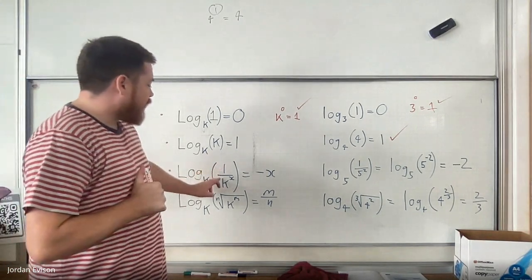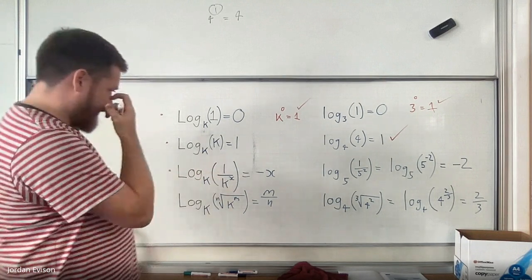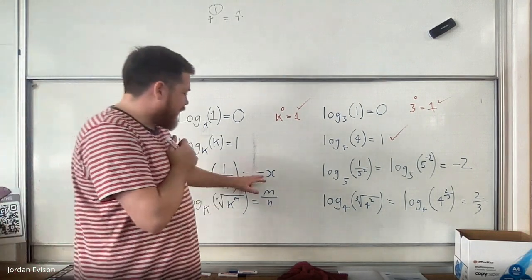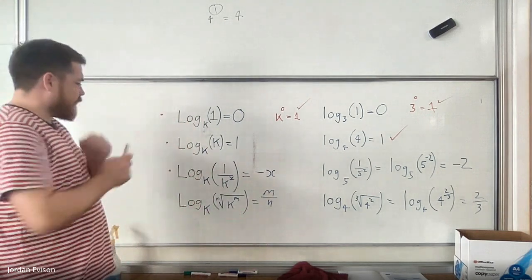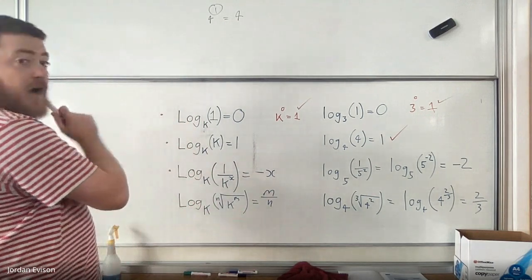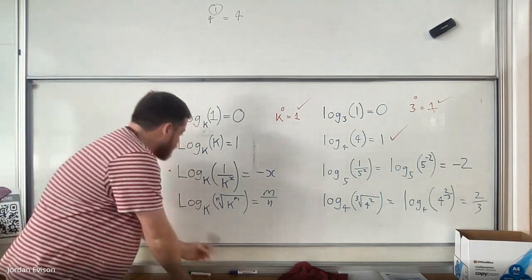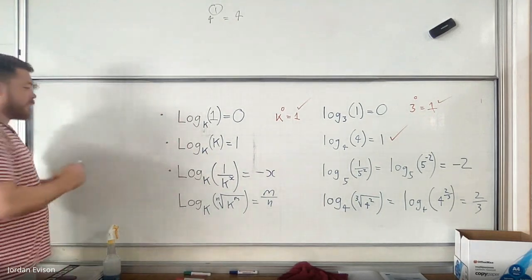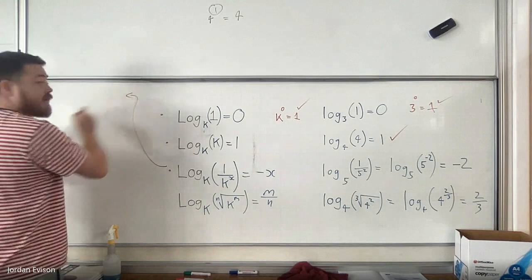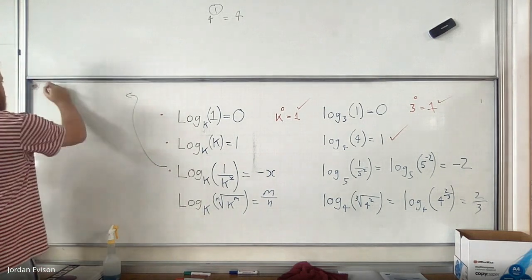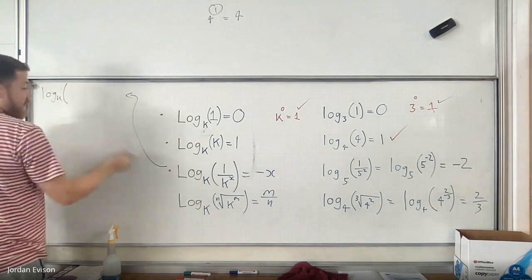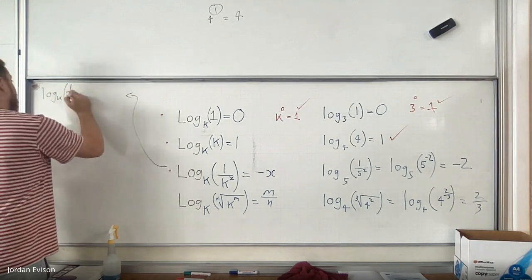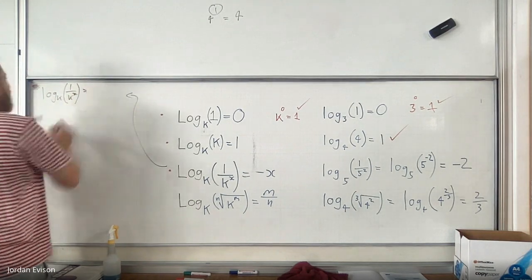A couple of other rules we'll go through here is log k, and in brackets we have 1 over k to the power of x. Now that has to equal negative x. Now why is that correct? Well, let's think about it. I could take this, log k, bring this up here, log k bracket 1 over k to the x. What does that actually equal?